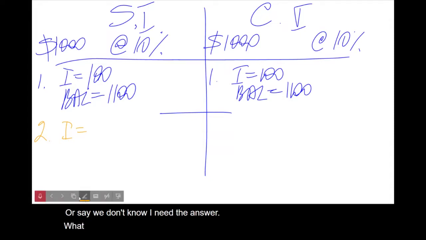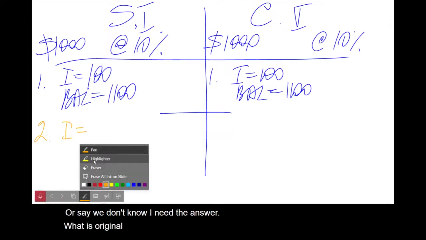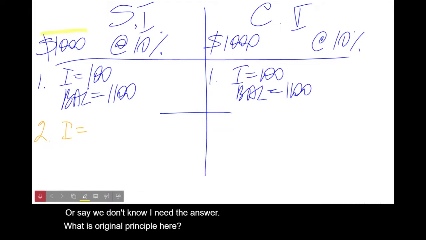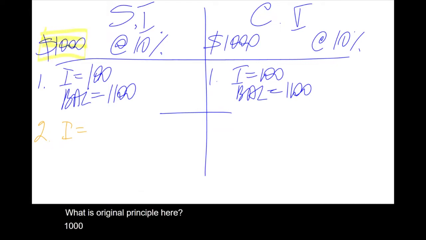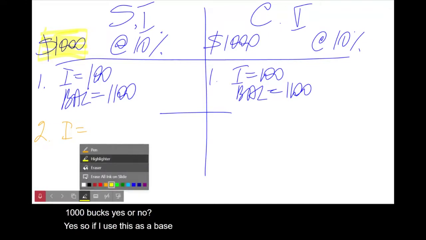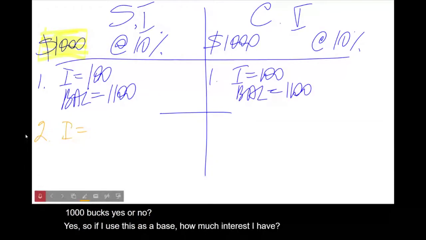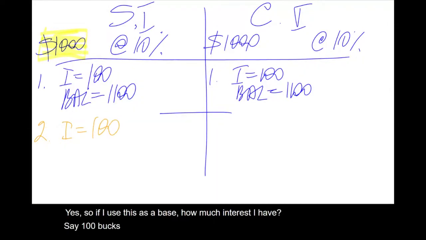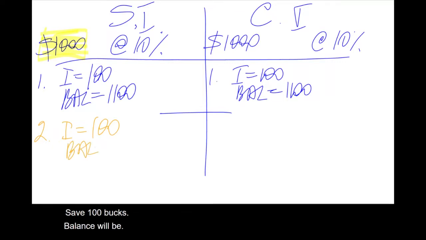What is the original principal here? $1,000. Yes or no? Yes. So if I use this as a base, how much interest do I have? Same $100. Balance will be 1200.